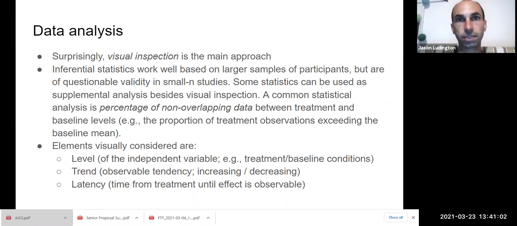That's what makes it soft. It's because of issues with reliability. It's because of the possibility of type 1 error and type 2 error and false positive, false negative, and wrong conclusions. That's what makes it a soft science.